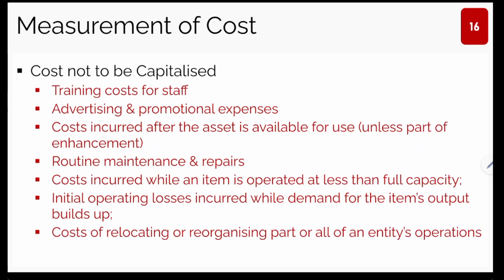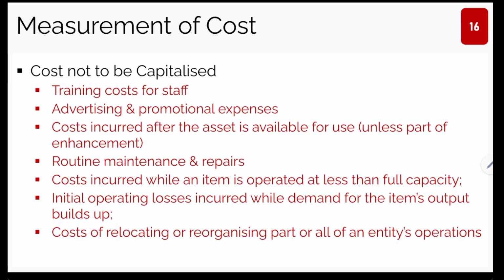Training costs for staff, advertising and promotional expenses, costs incurred after the asset is available for use. Imagine you're constructing a building and you are done constructing it, and it can then be used for business or for administrative purpose or for production purpose, and for some reason you didn't use it, and then you start incurring cost.